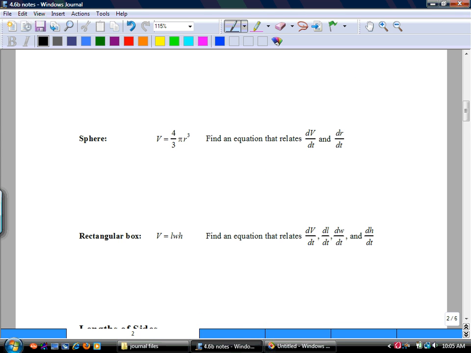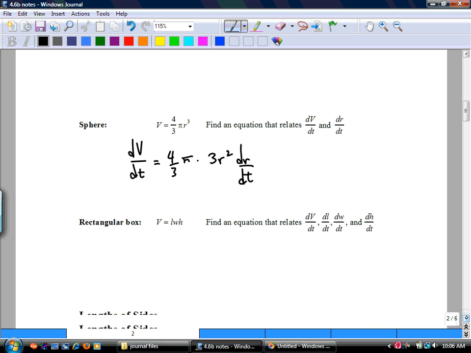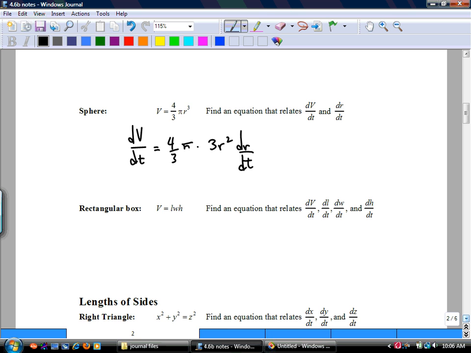Page 2. Sphere, we did this morning: dV/dt equals 4/3 pi times 3r squared dr over dt. Rectangular box. Here's where you hate me.